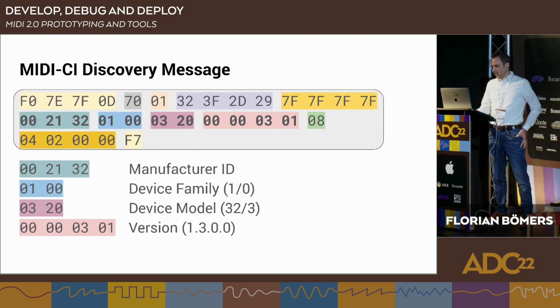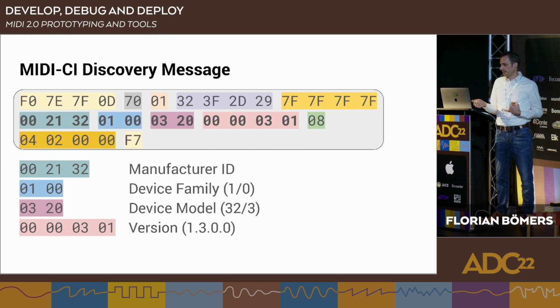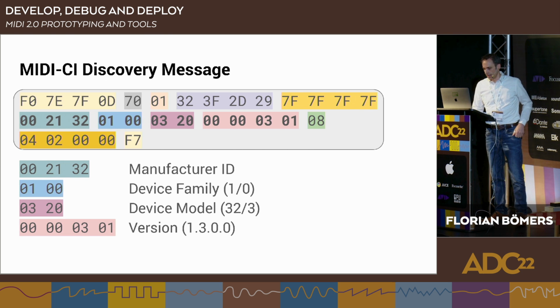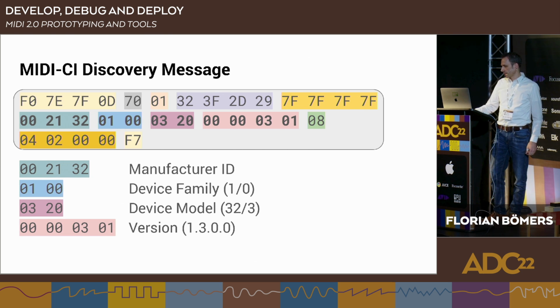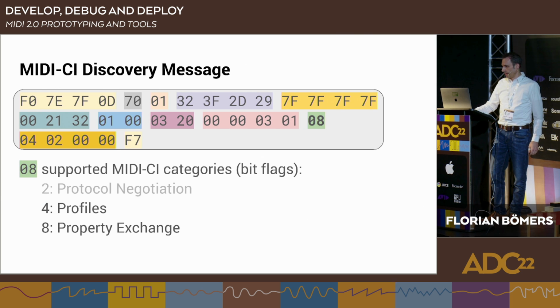In the next fields, you have a short description of your own device: manufacturer ID, device family, device model, and your device version. So whoever you're sending that discovery message to knows already who is sending it. Then you also tell the other device which MIDI-CI categories are supported.